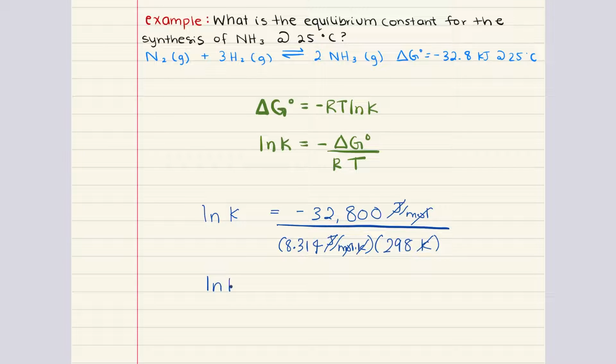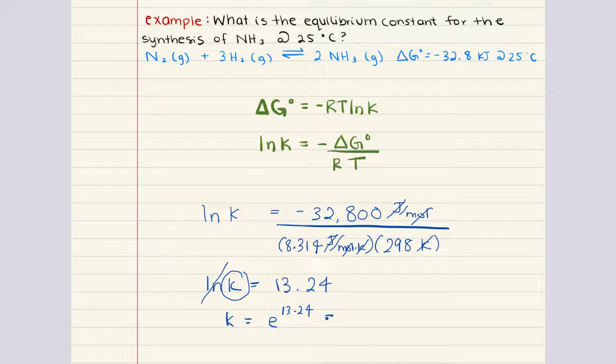When we plug the right side of our equation in the calculator, we get that this is equal to 13.24. Now we want to solve just for K, so we want to get rid of this natural logarithm on the left side. To do that, we have to do e raised to the right side.